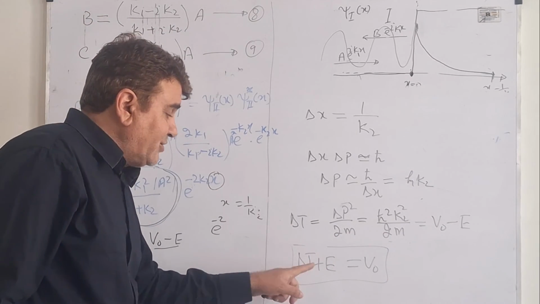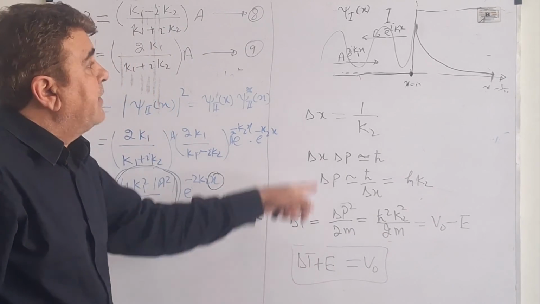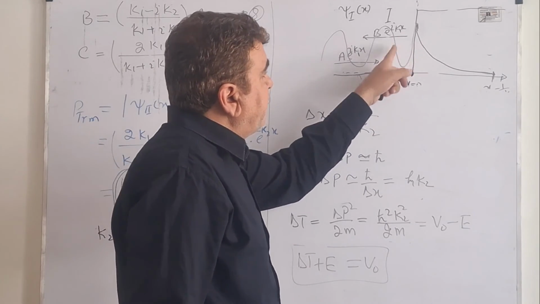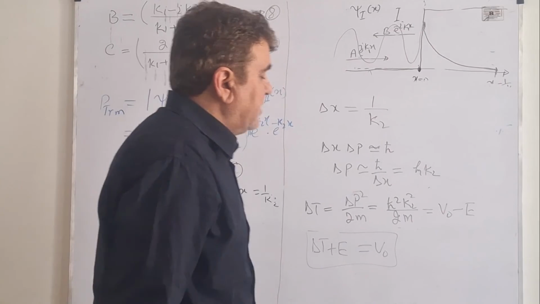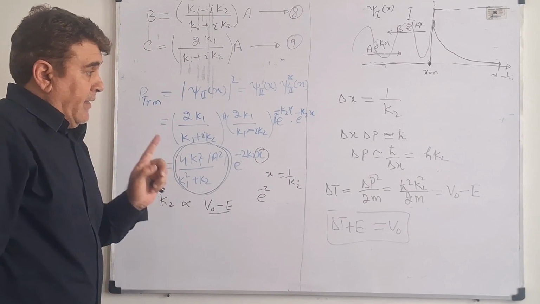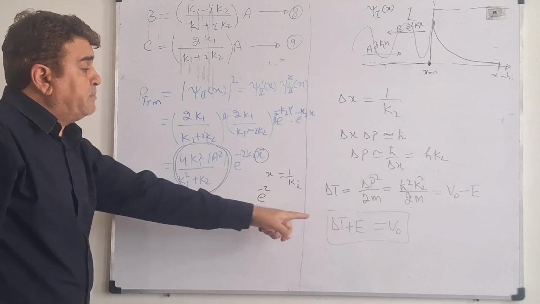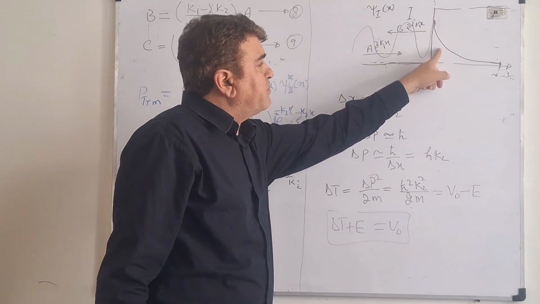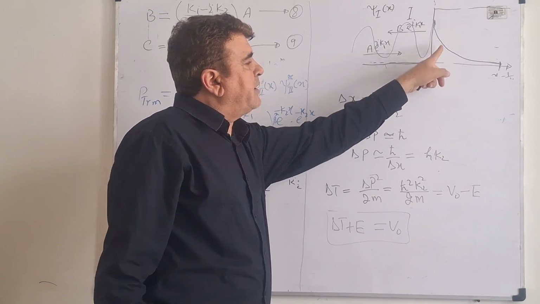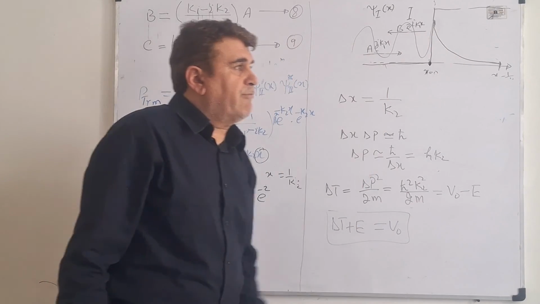So it is this uncertainty in energy that gives the probability for the particle to enter into the classically forbidden region. In fact, the uncertainty principle explains that we can find, with certain probability close to the boundary, the particle in the second region.